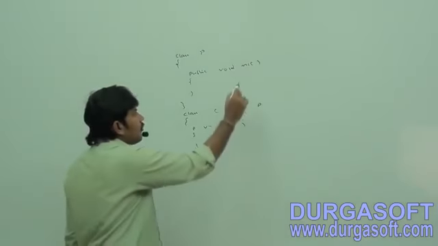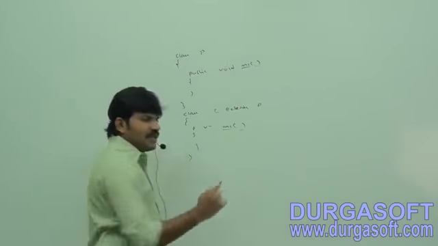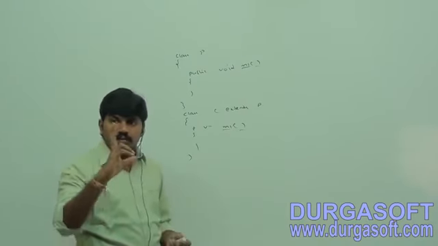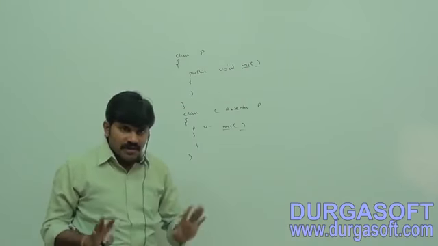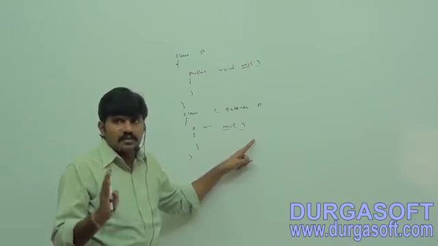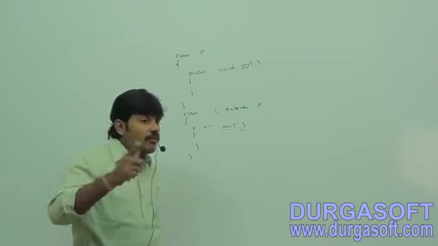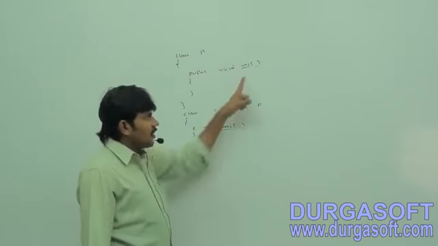In overriding, method names must be the same and argument types must be the same. Method names and argument types being the same is nothing but method signatures must match. Whatever method signature is here must also be the same in overriding. But in overloading, method signatures must be different because of different argument types.